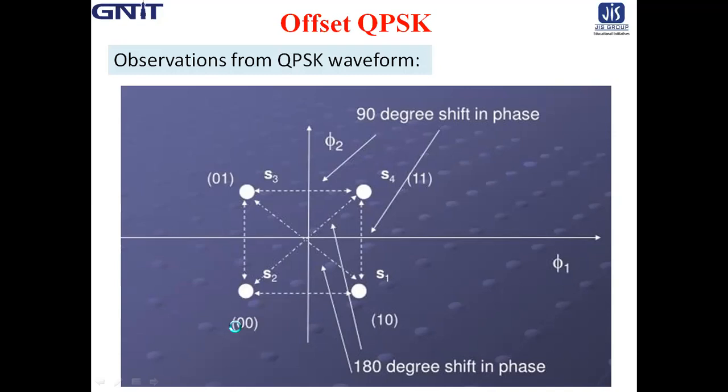When neither the in-phase component nor the quadrature component changes its sign. So which is the case? When dibit 1 0 is transmitted in two successive symbols. That was actually observed when we drew the time domain waveform of the QPSK signal in the last class.